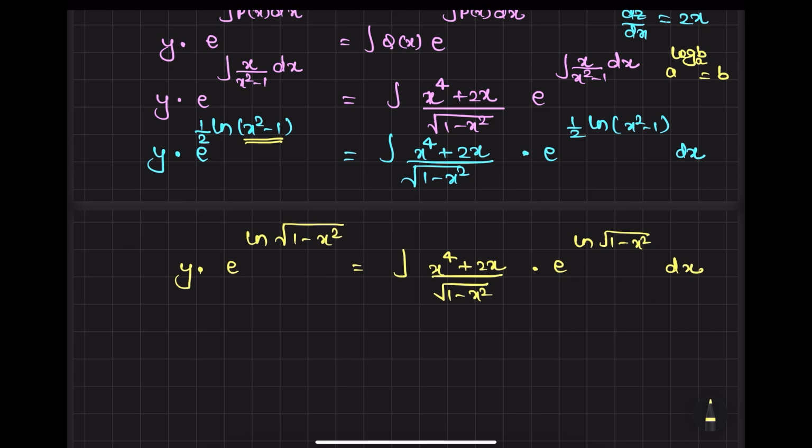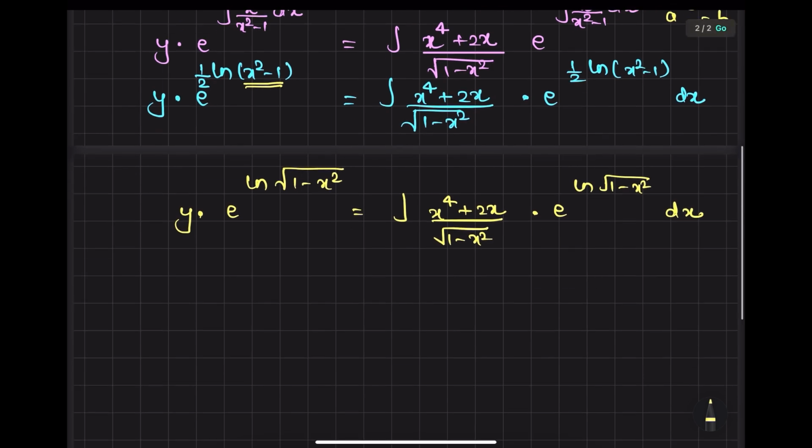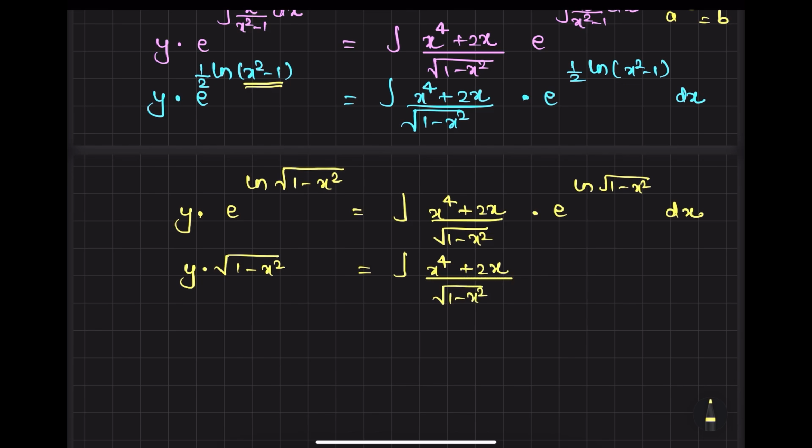Now you can write this as y times root over 1 minus x square is equal to integration x power 4 plus 2x upon root over 1 minus x square, and then root over 1 minus x square.